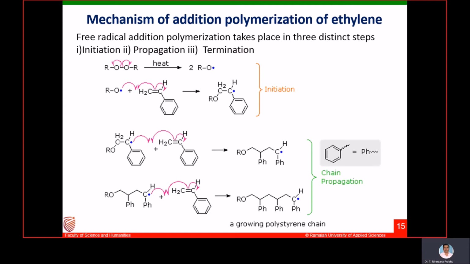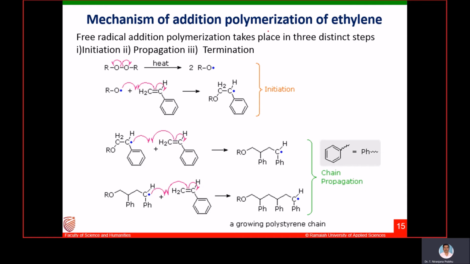Now let's look at one of the mechanisms, how the polymers are being formed. I said addition polymers are there and then condensation polymers are there. What I'm going to explain the mechanism of is addition polymer, free radical addition polymerization. Again, this addition polymerization can be conducted by using free radicals as initiators.